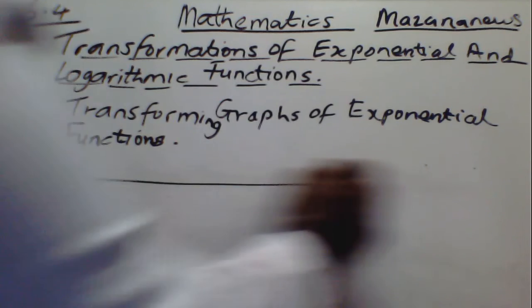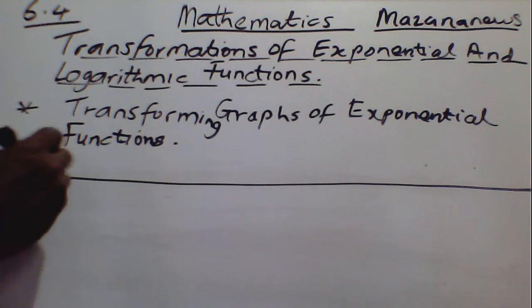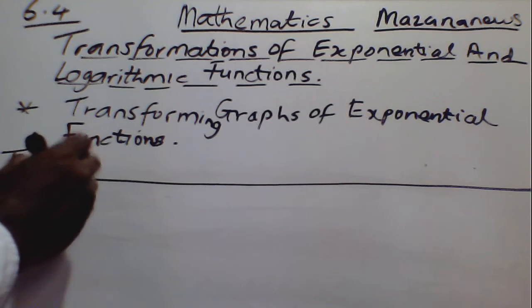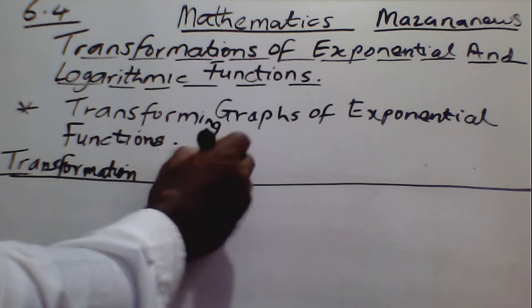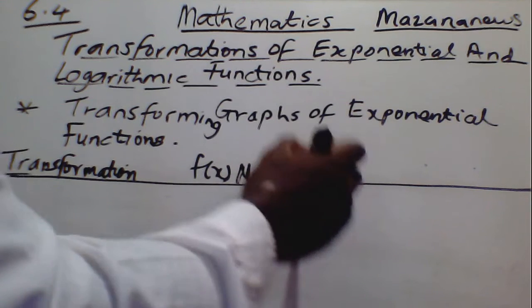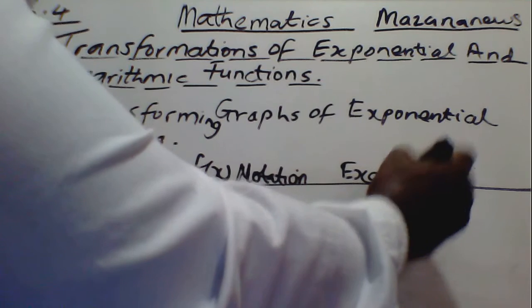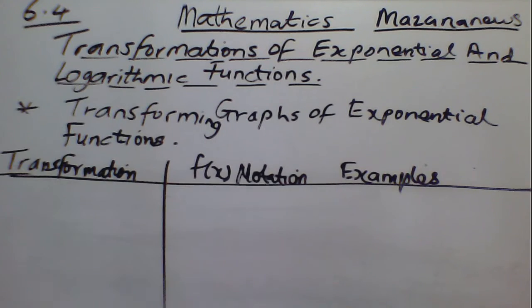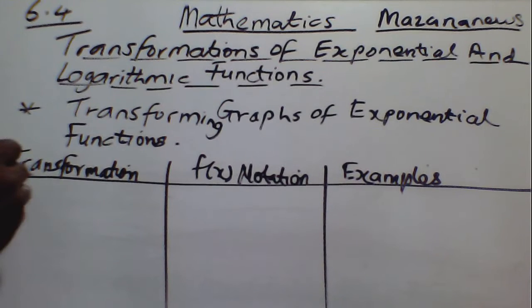The first is for you to understand the table. Here is transformation. We have f of x, that is the notation we are using for the function. An example. The first is horizontal translation.